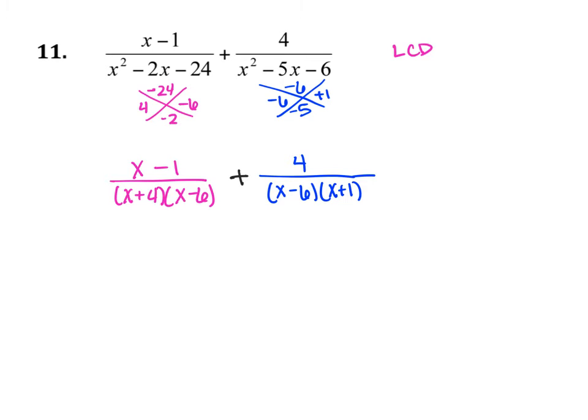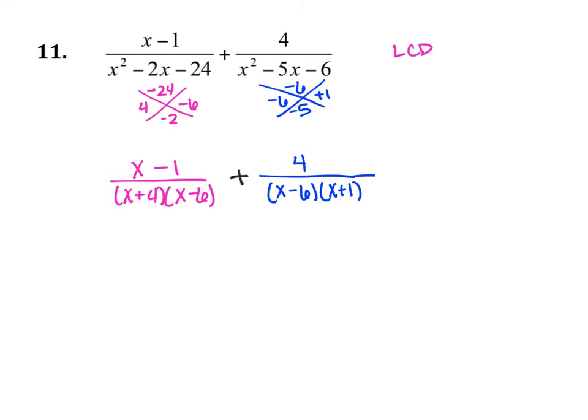Because I don't want you to have to multiply by a lot to make the denominators the same. So now I'm looking and saying, well, what is my pink fraction missing that the blue fraction has in the denominator?